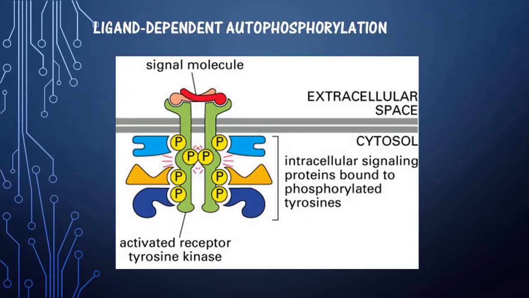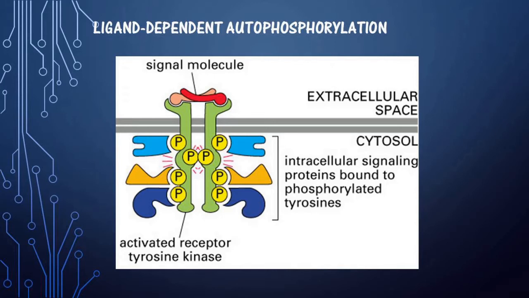As soon as the signal molecule binds at the top, the monomeric forms come together and form a dimer, and when the dimeric forms interact with each other, there is autophosphorylation of the tyrosine molecules, which causes further phosphorylation of other regions where intracellular signaling proteins can bind.